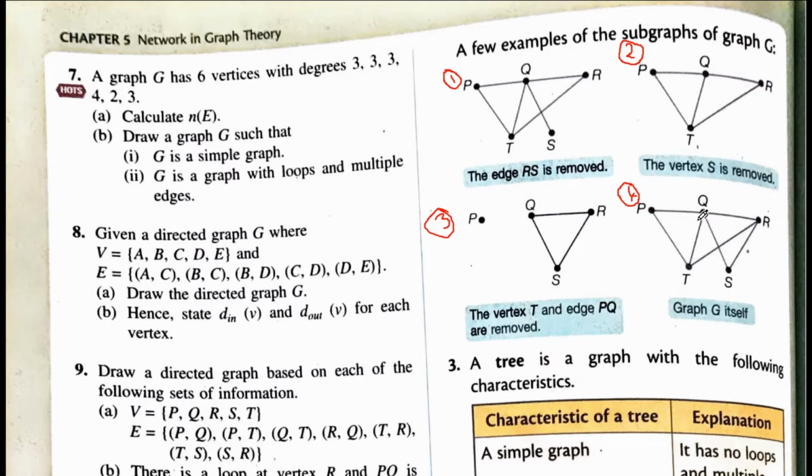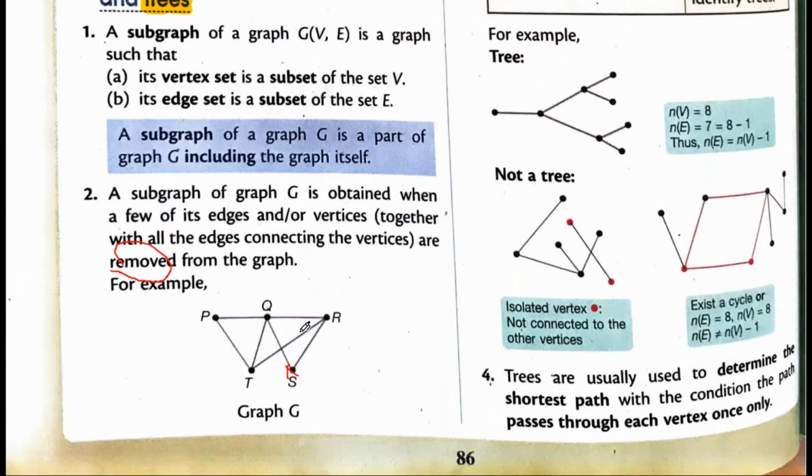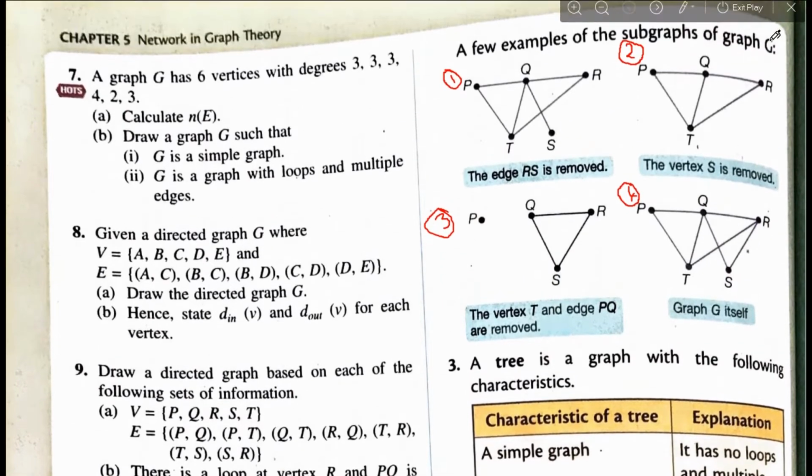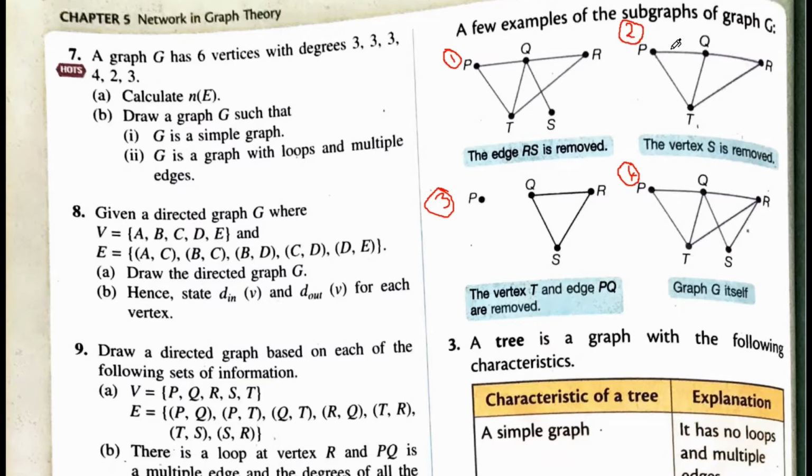So this one is the same as graph G, and this is also a subgraph of graph G. And of course, we still have many more examples of subgraphs. We can remove Q, we can remove R, we can remove P, and so on. So this is the meaning of subgraph.